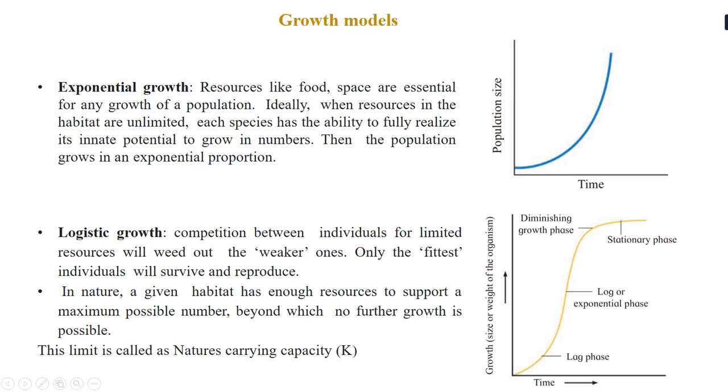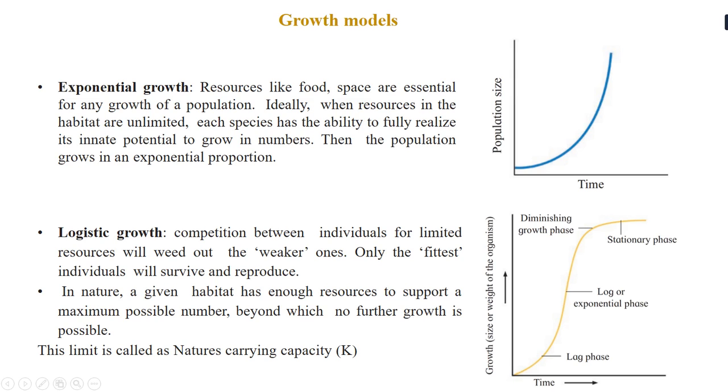So this nature's carrying capacity can be taken as K. Now when a population grows in a habitat with limited resources, initially the graph shows a lag phase. Then it is followed by a sudden acceleration, that is the log or the exponential phase, where the population grows exponentially.